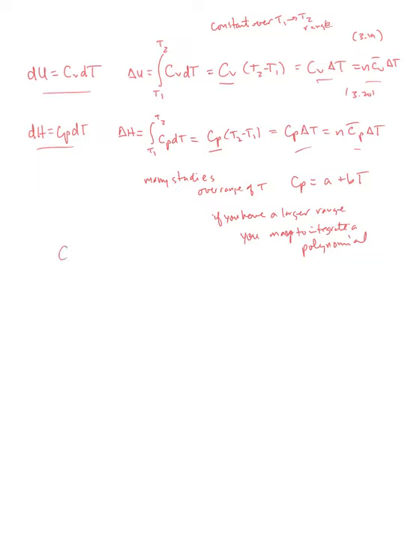Now the constant volume and constant pressure heat capacities are generally the same if you're in the condensed phases. But for gases, Cp is larger than Cv.